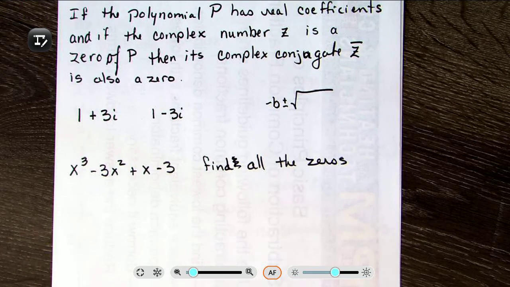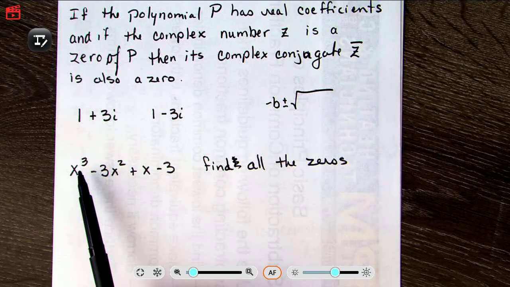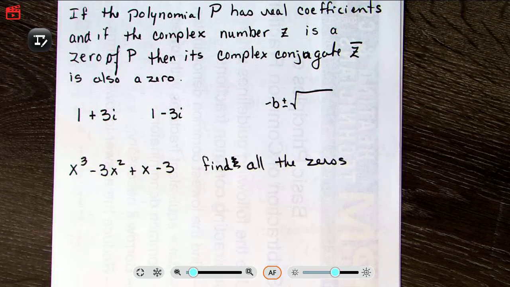Okay, so first things we have to remember everything we did in 3.4. This is a third degree polynomial, so it will have at most 3 zeros. So every polynomial of degree n has n zeros. Some of them may be duplicated.